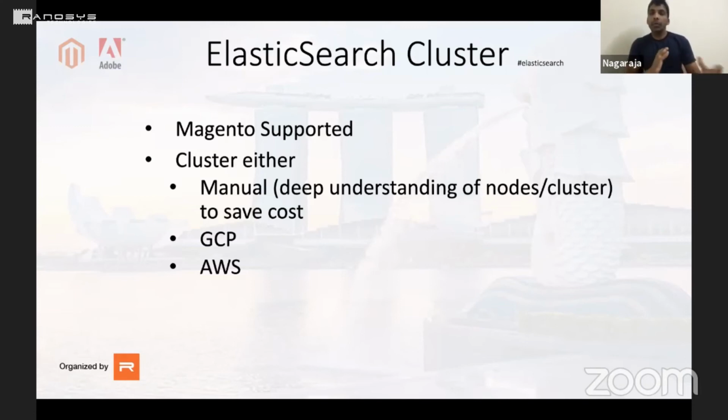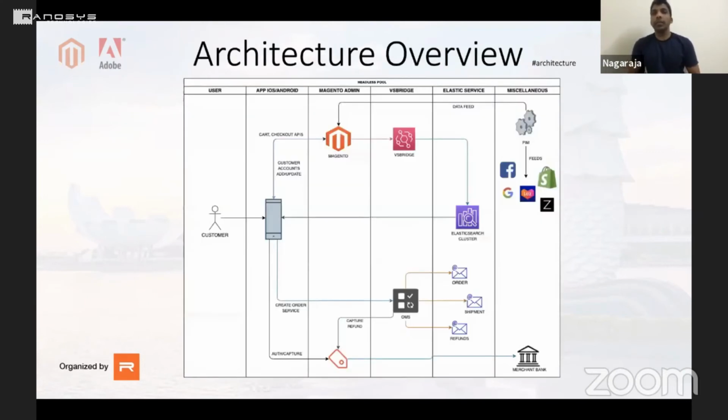So I spoke about three components now: Magento, VSBridge, and Elasticsearch, right? These three components mix together to make a headless architecture or native applications. So let's look at the overview architecture of how this works. If you look at the diagram here, there is Magento, a VSBridge and Elasticsearch.